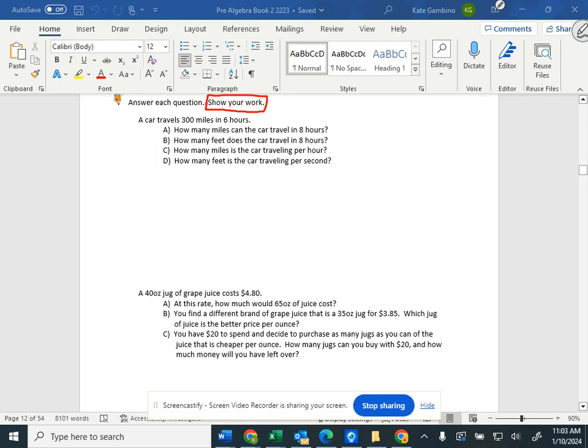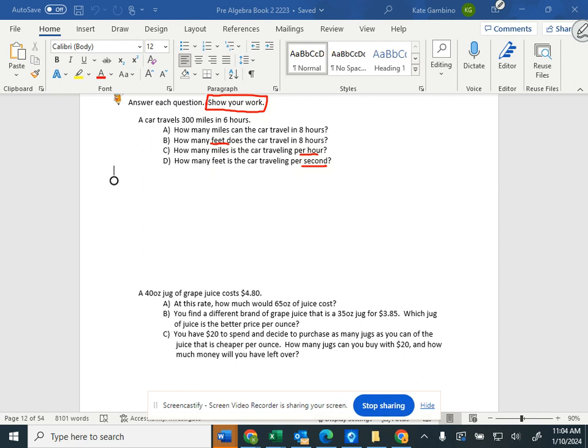So we're going to bring it down to unit rates with the per hour and the per second. We have to go from miles down to feet. So this is all stuff that we did previously. Lots of steps in this one question. So let's look at how we're going to do. We have A, B, C, and D. We're going to tackle it just one at a time. So let's look at A.